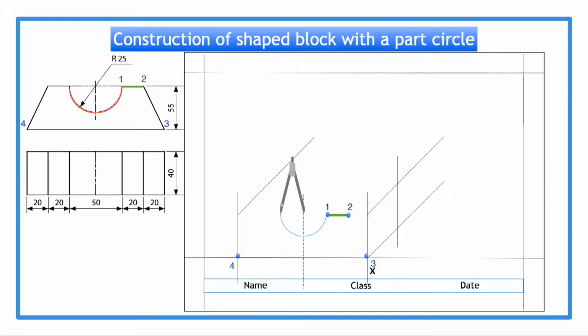Point 5 is measured 20 millimeters from the top left-hand corner Y and marked off. These points can then be joined to get the outline of the front.